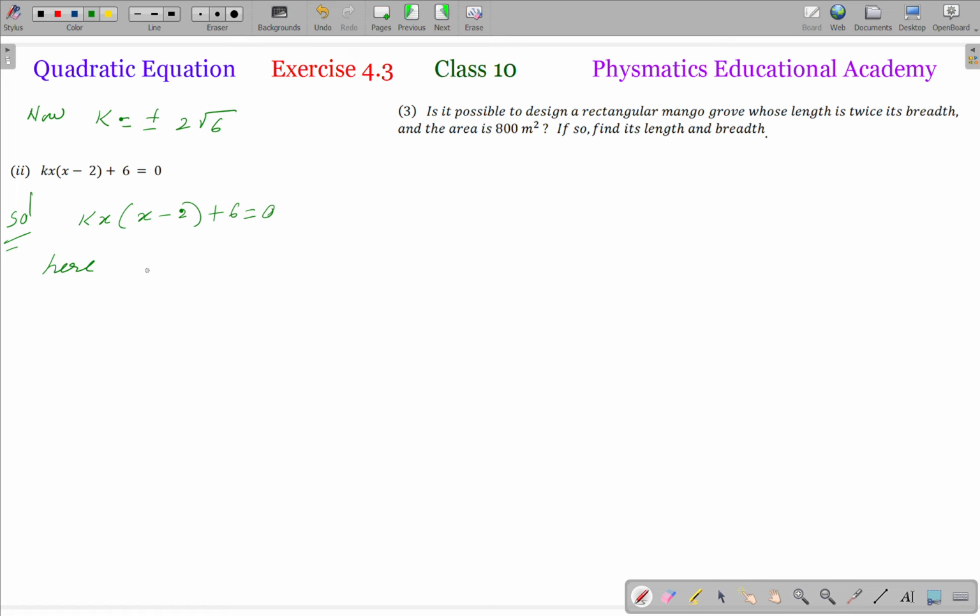Here, kx square minus 2kx plus 6 is equal to 0. That implies a is equal to k, b is equal to minus 2k, and c is equal to 6.